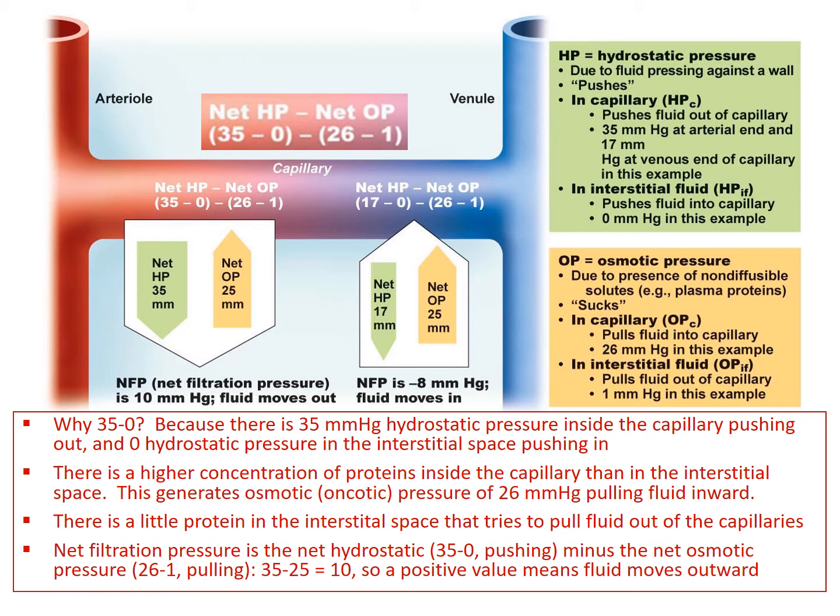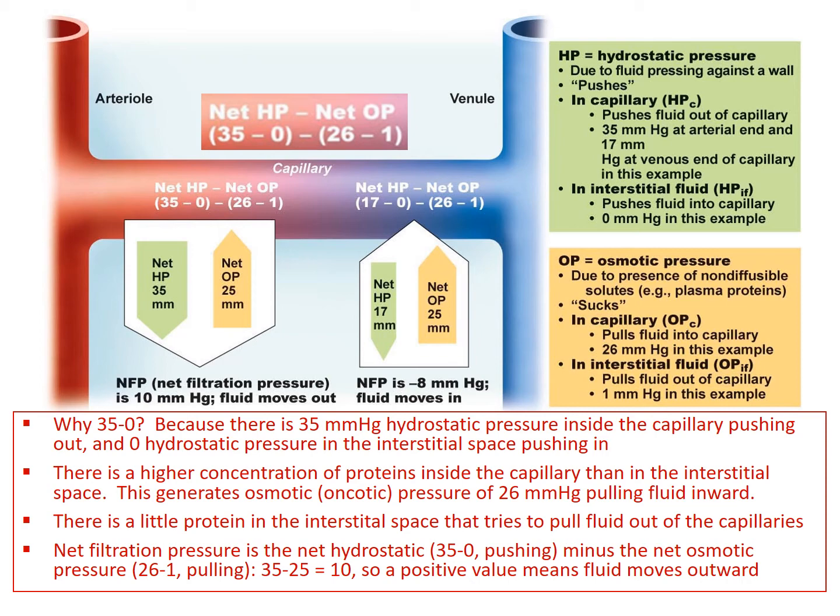And the reason why it is 0 is because there's no pump out in the interstitial fluid at all. So there's no structure there to generate hydrostatic pressure. So our net hydrostatic pressure will be 35 millibars in the capillary, 0 millibars outside the capillary. So here you've got a force of 35 that is pushing out.